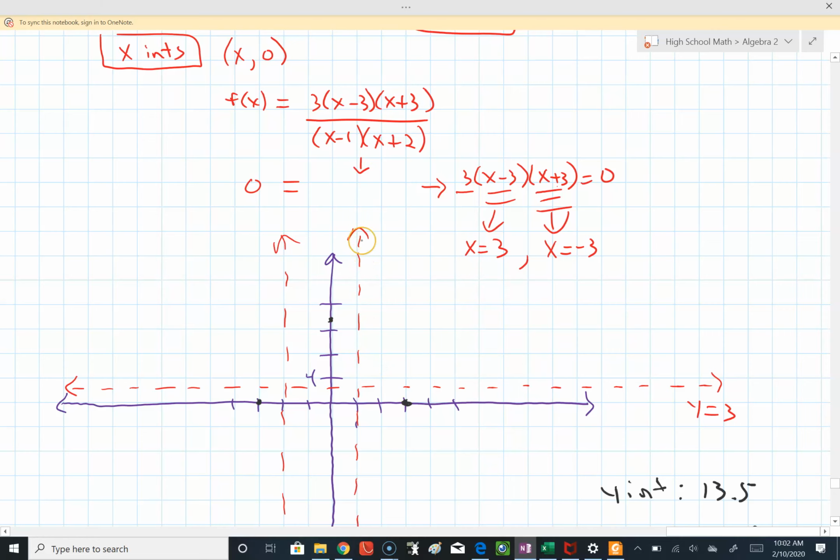What is this value here? What is this? 1, 2, 3, 4, 5, 6.